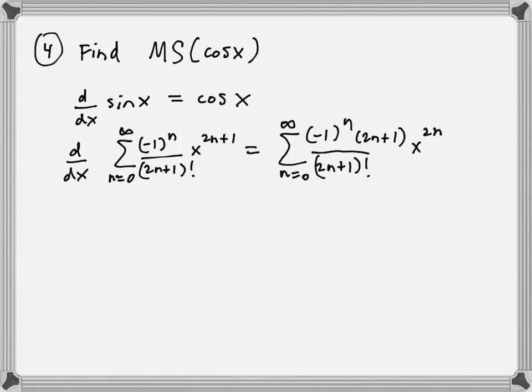But what's 2n plus 1 over 2n plus 1 factorial? Remember, 2n plus 1 factorial, another way of writing that is 2n plus 1 times 2n factorial. So we can cancel the 2n plus 1 with the 2n plus 1. And what are we left with for cosine?